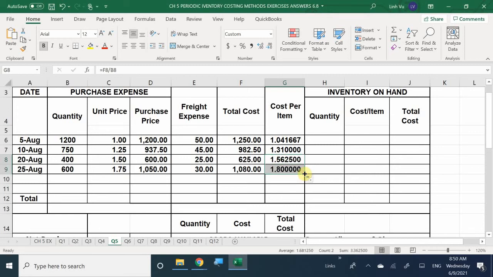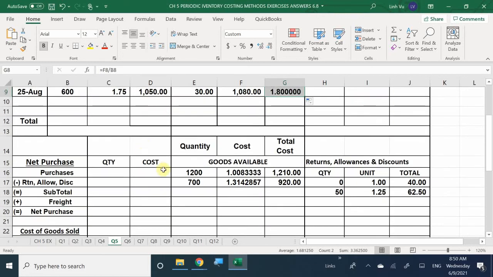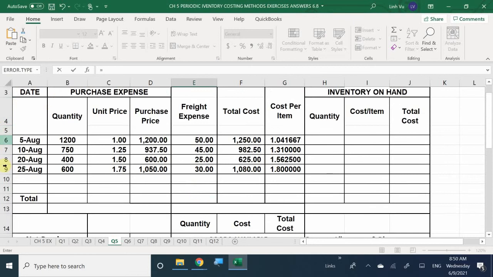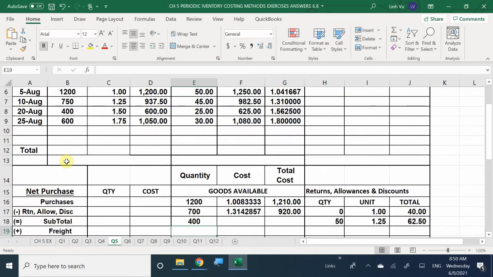1.8, right? And as I mentioned earlier, we know that the batch of 400 has no changes to it. So that means our third batch of 400 cost me a grand total of $625, which we know our cost per item is $1.5625.